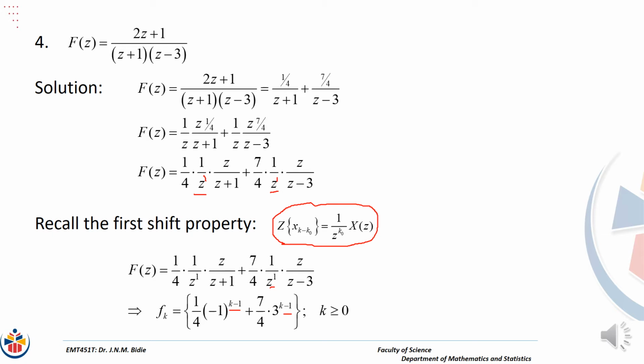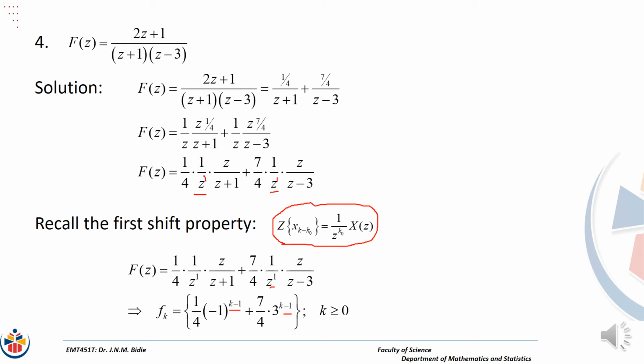So that means all in all, we'll end up with negative 1 over 4 minus 1 to the power k if we simplify. Once again here, 3 to the power k times 3 to the power negative 1 will result in 1 over 3 times 3 to the power k, and then you multiply that by 7 over 4, giving us 7 over 12.